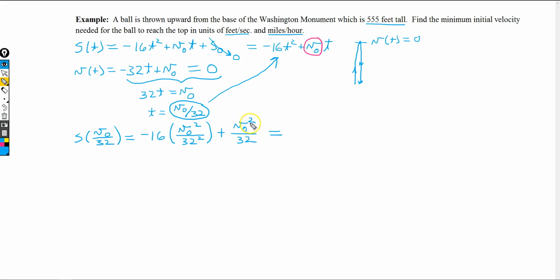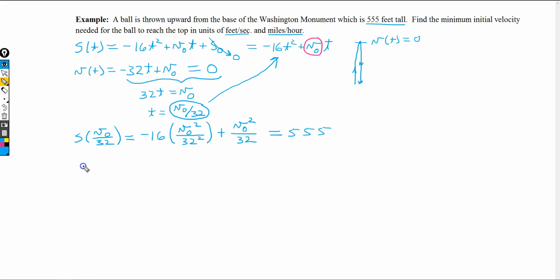Notice here we get a v naught squared over 32, because v naught times v naught over 32 gets us this. And now we're going to set this equal to 555, and we're going to solve for v naught in this equation right here. So let's take this and factor out a v naught squared.